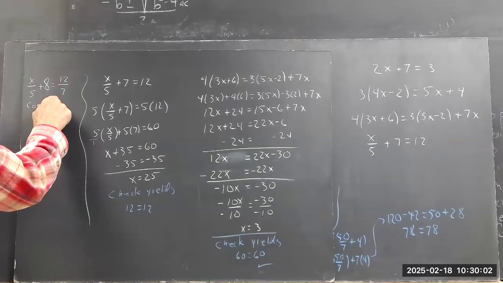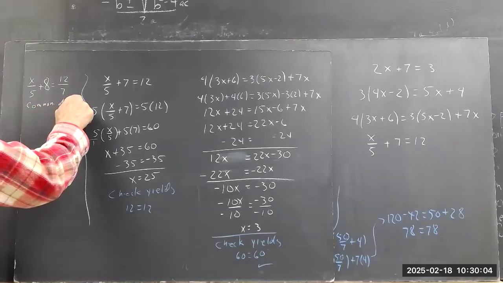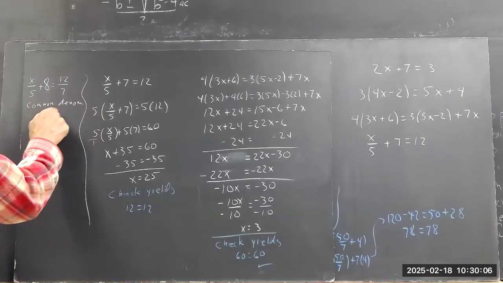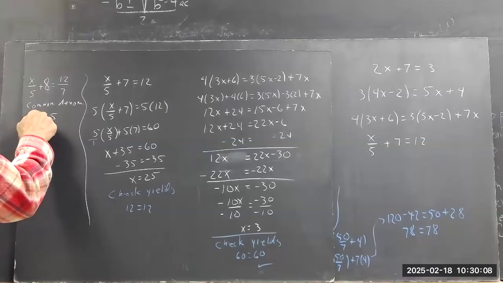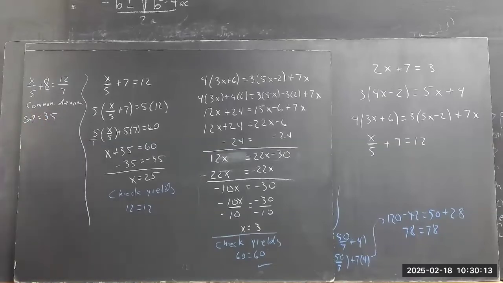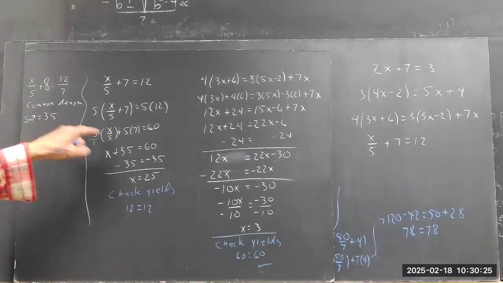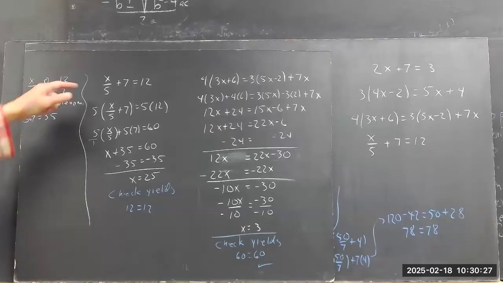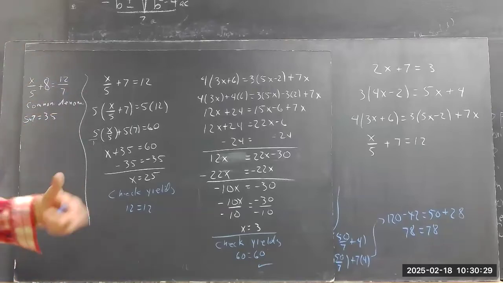First thing we see then is a common denominator, which is 5 times 7 or 35. The 5 is going to be dividing the 35, just like 5 was dividing 5 here. And the 7 is going to be dividing 35. It's going to work out.